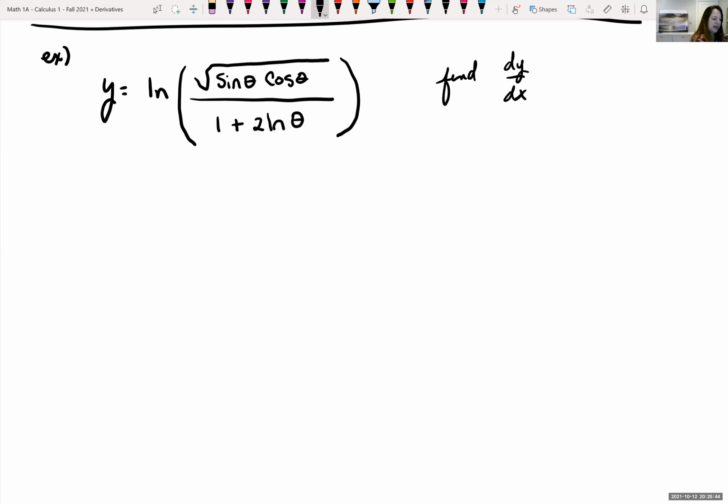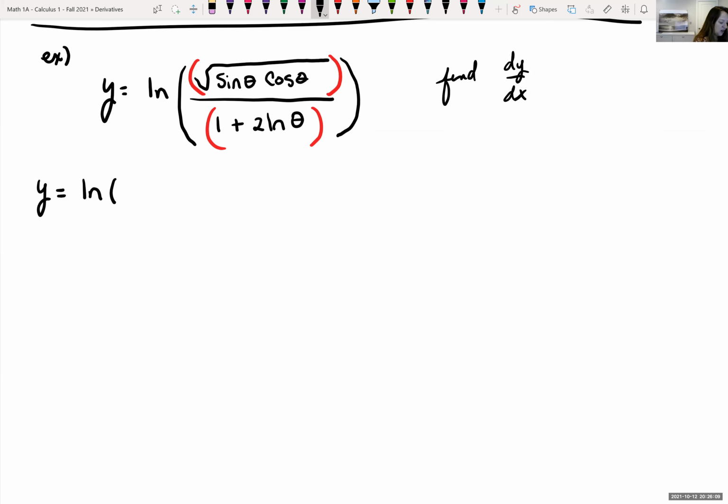So notice that we have a log of division. So we're going to break down this division piece. And we know that we can write that as 2 separate logs with subtraction in between. So we're going to rewrite this. I have the natural log of my numerator, and as we rewrite that numerator, let's rewrite it with that 1/2 power.